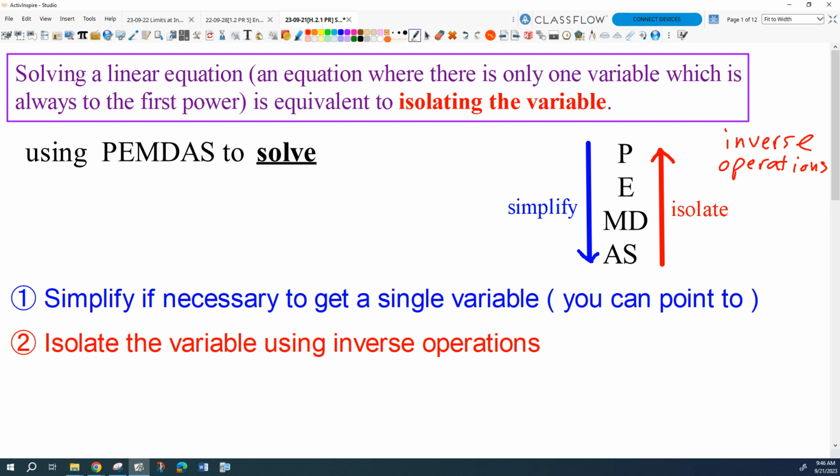And here's the rule. We're going to follow regular order of operations, top-down PEMDAS, until we can point to a single instance of the variable. So if x is our variable, I should be able to point to a single x in the equation. As soon as I can do that, then I can flip things around and use inverse operations and go the opposite direction on the order of operations tree to isolate the variable.